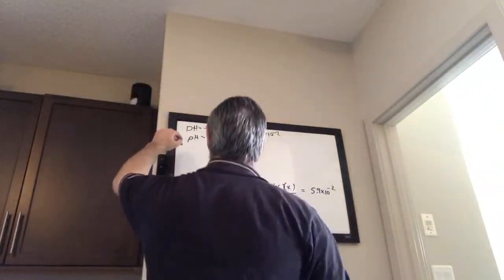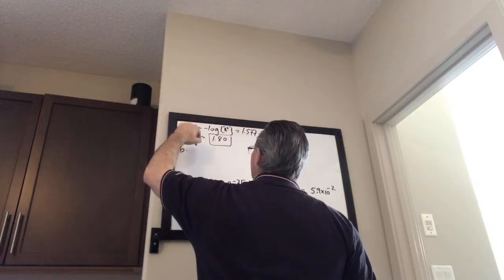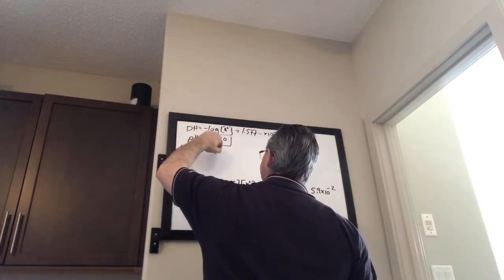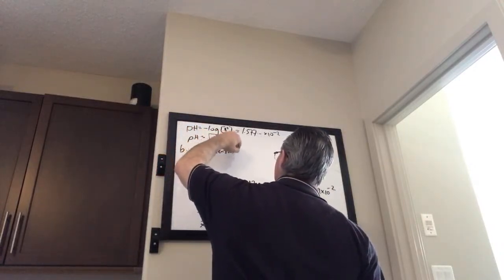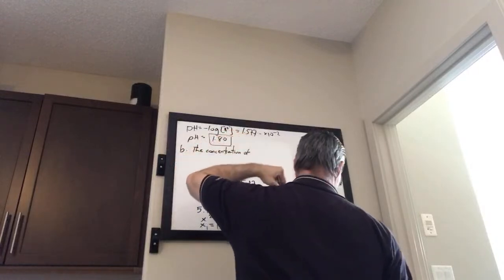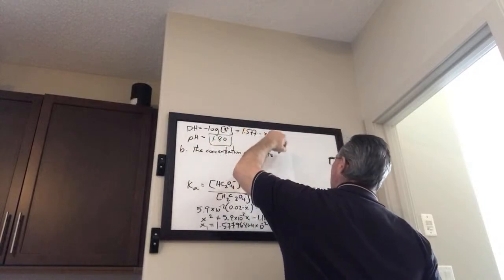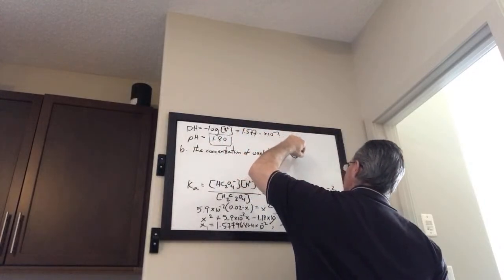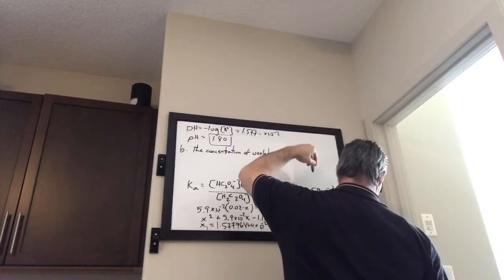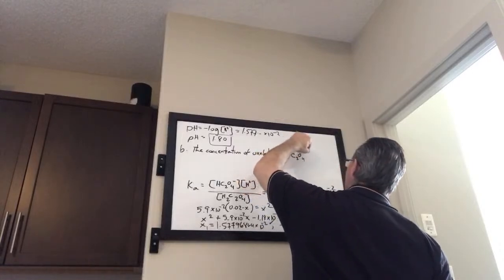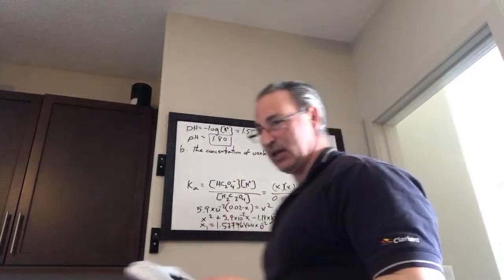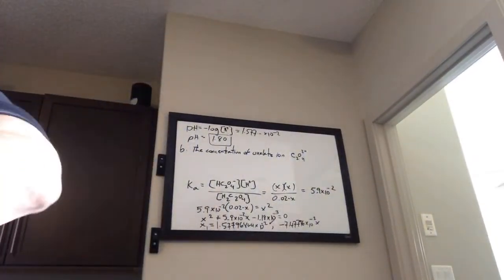So let's just write a little note. The concentration of oxalate ion, and that would be C2O4 with a minus 2 charge. Just realized I didn't put negative 2 there, I only put a negative 1.